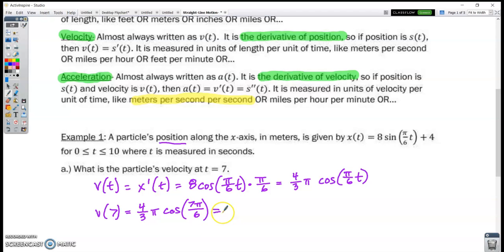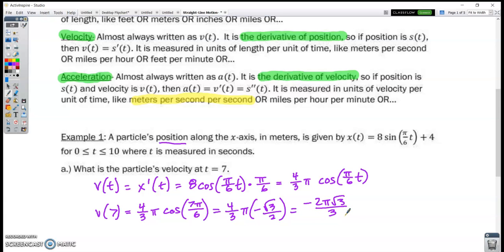And the cosine of 7 pi over 6, let's see, where's 7 pi over 6? Going around the unit circle here in my head, that's negative square root of 3 over 2. So we've got 4/3 pi times negative square root of 3 over 2. And we simplify that, and it turns into negative 2 pi root 3 over 3.